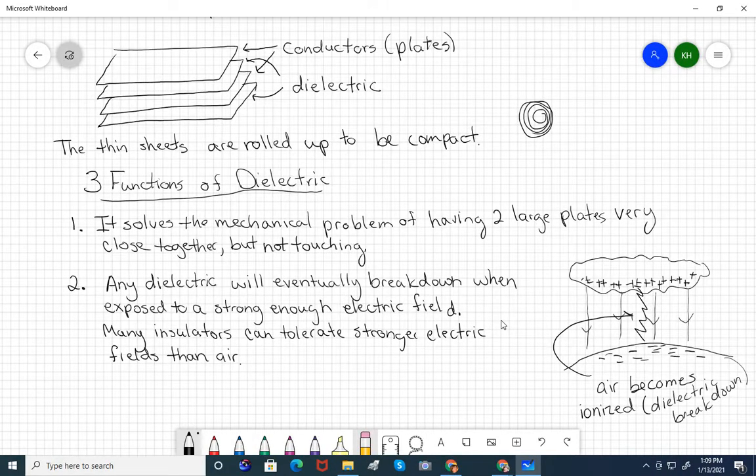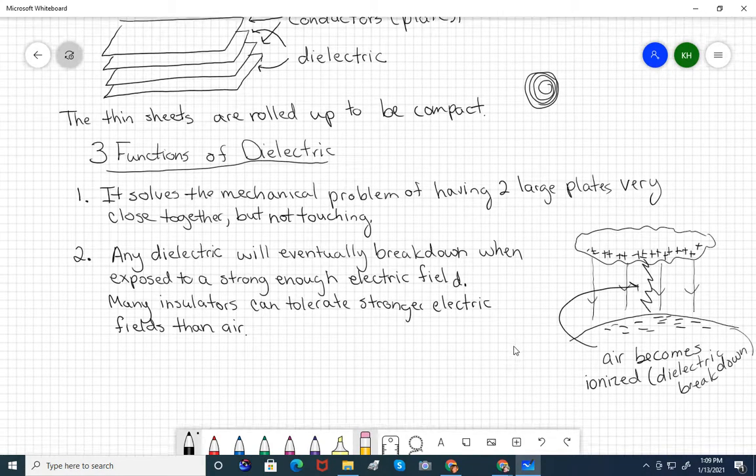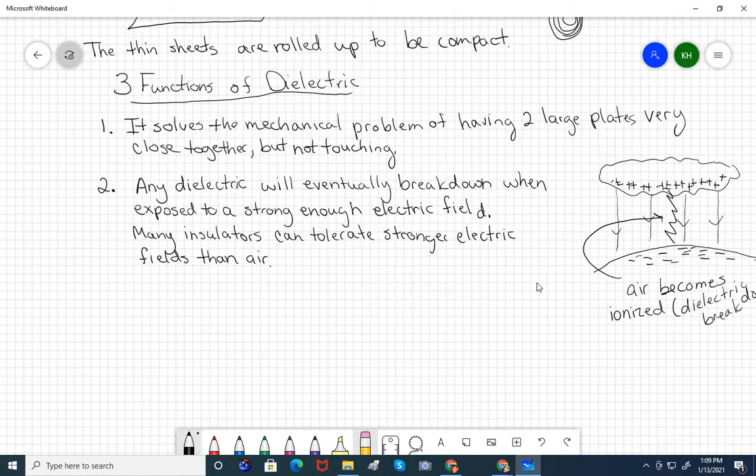But a lot of materials actually will hold up better than just plain air. So putting something in between there can help prevent what would essentially be a short circuit in the capacitor, or a dielectric breakdown.